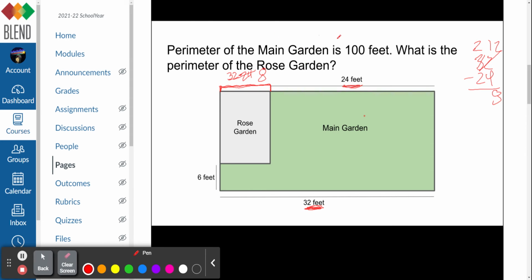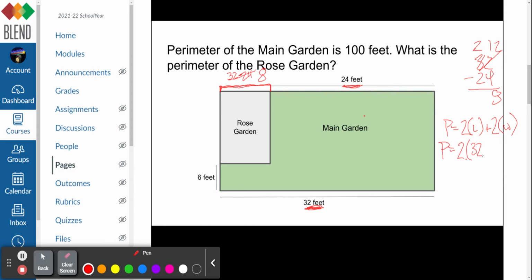All right, perimeter of the main garden is 100 feet. So if both of these sides are 32, then we can use the formula perimeter is equal to 2 lengths plus 2 widths, right? And we know that our lengths are 32.